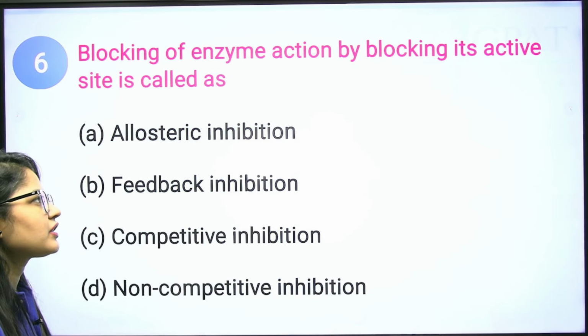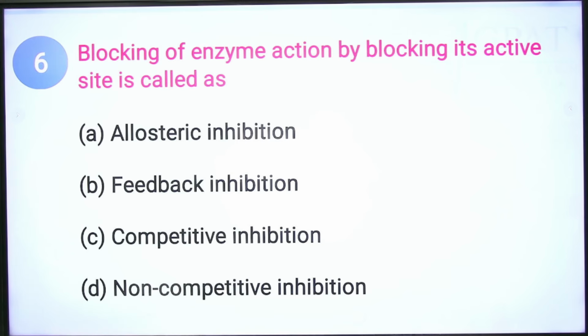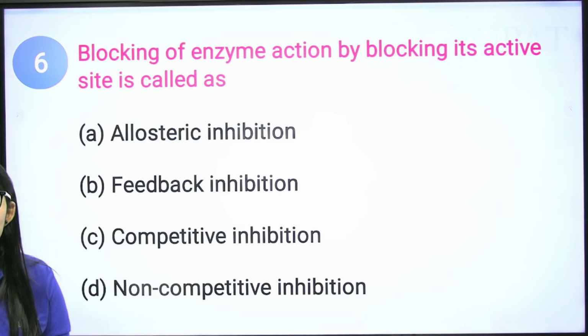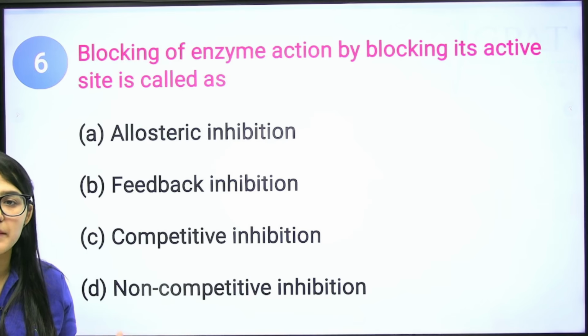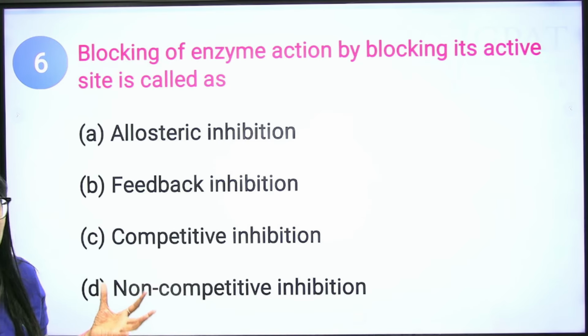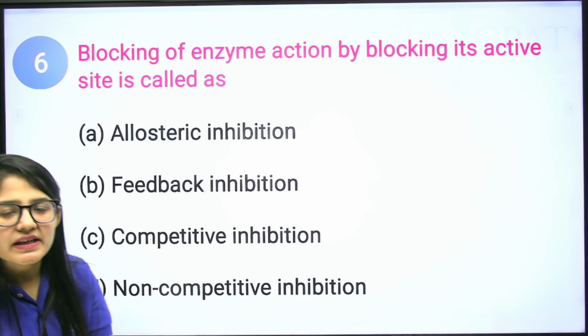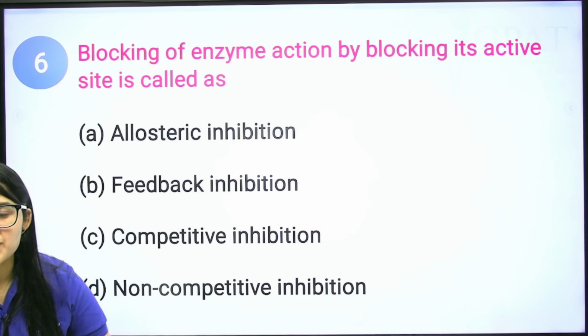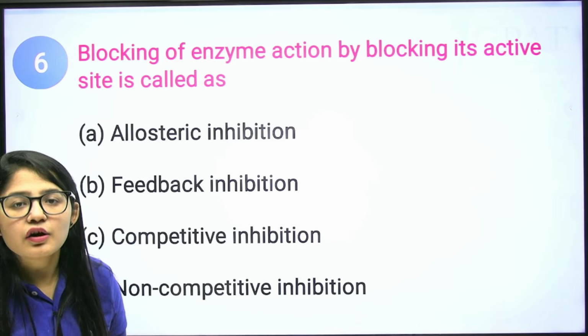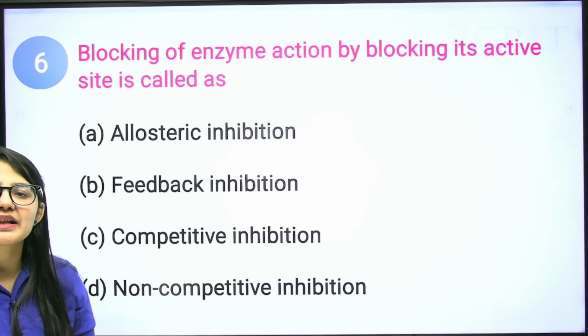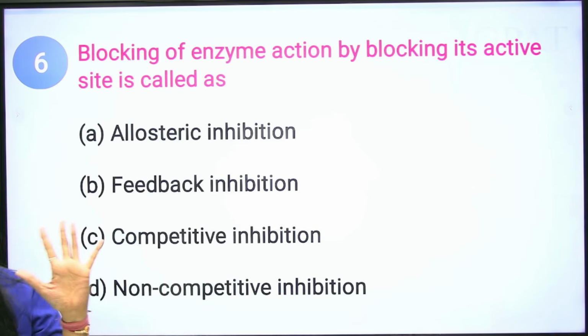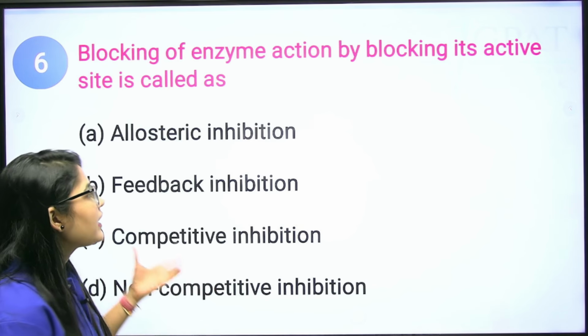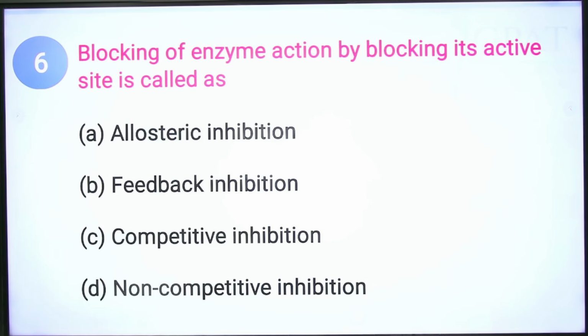Blocking of enzyme action by blocking its active site is called as. Okay, fine. Very easy question. First, the inhibition process of a particular enzyme is done by various methods. Like you can block directly the enzyme, you can attack on the substrate, you can attack on the complex, or you can go directly at the site of inhibition. Clear? Now, first we have the allosteric inhibition. What is allosteric inhibition?